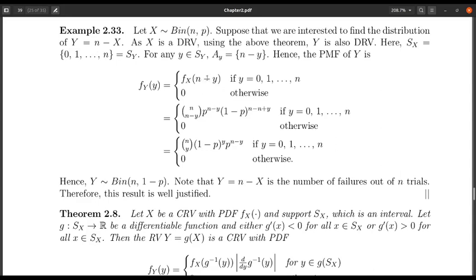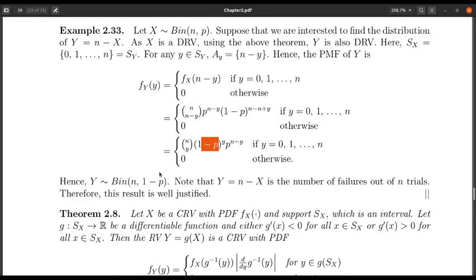Now plug in the probability mass function of the binomial(n, p) distribution, which is n choose x, p to the power x, 1 minus p whole to the power n minus x, where x is replaced by n minus y. Simplify, and we get this one, and this is exactly the PMF of the binomial distribution with parameters n and 1 minus p. So that is what we get, which we should get.